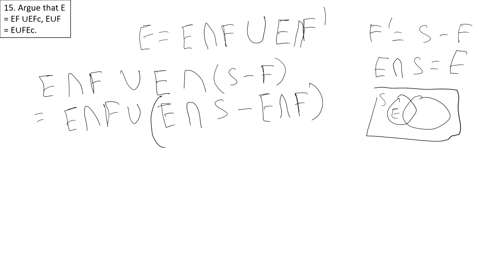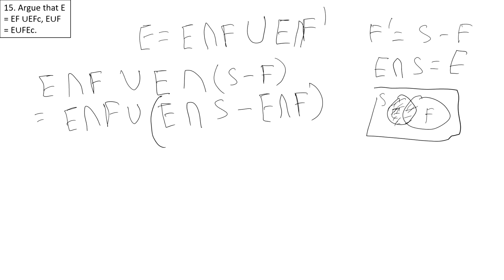The intersection of this part with the sample space is E, and if we do the intersection with F, this will be E intersection F, and E intersection F complement will be this part, the left side of E.